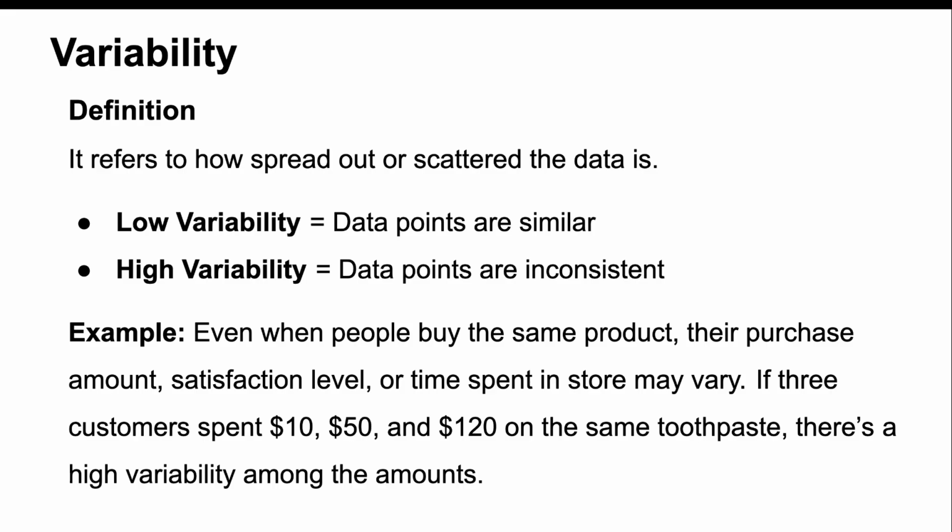Low variability means data points are similar to each other, and high variability means data points are inconsistent. Example: even when people buy the same product, their purchase amount, satisfaction level, or time spent in store may vary. If three customers spend $10, $50, and $120 on the same toothpaste, there's high variability among the amounts.